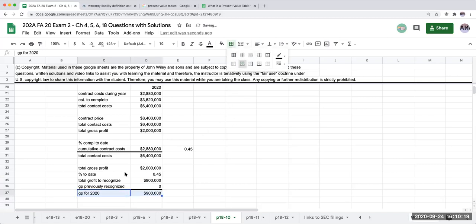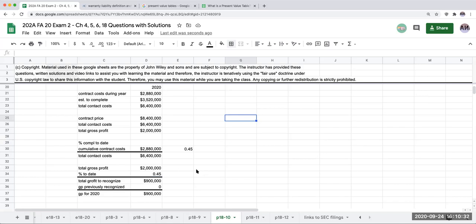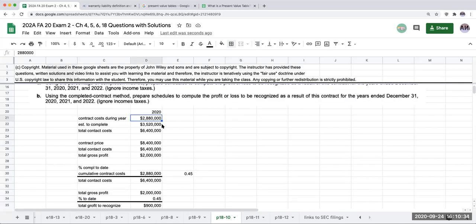Again, when we're doing percentage of completion, what we're trying to figure out is, I'm going to recognize gross profit as I'm going through and completing the work. So I take my costs incurred during this year plus my cost to complete. This is what I'm estimating my total contract cost will be.